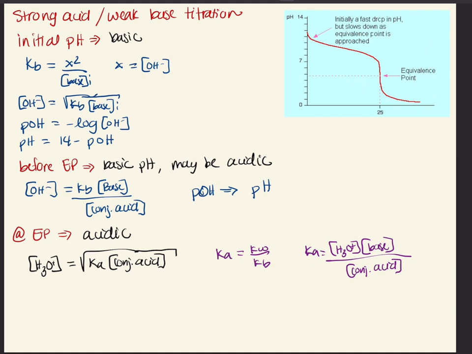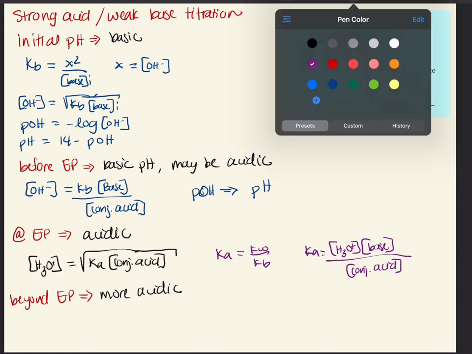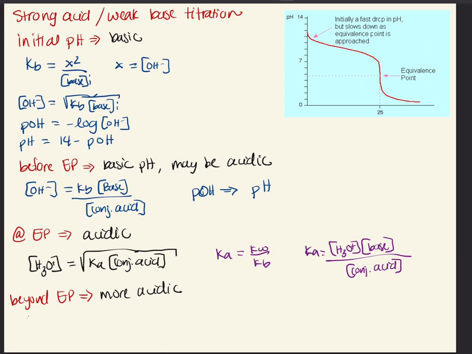Now, finally, when we are beyond the equivalence point, we should have an acidic pH, but it should be more acidic. Because at this point, we only have our strong acid in solution. All of our base has been consumed. So it should be a pretty acidic pH. So what you want to do is subtract the millimoles of your acid minus millimoles of your base.